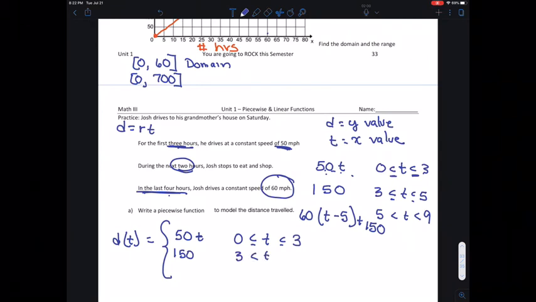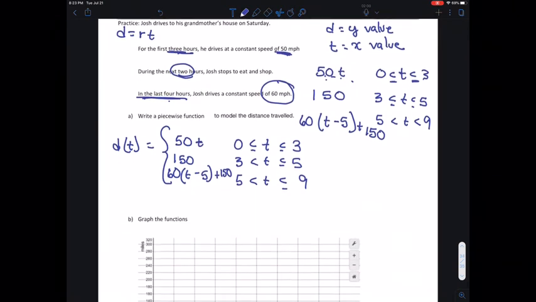So for the next 2 hours, I'm steady. I'm not going anywhere. And then after that, for the next 4 hours, I'm traveling 60 miles an hour, but I have to subtract the amount of time I've already spent, which is 5 hours, and I have to add the distance I've traveled so far.